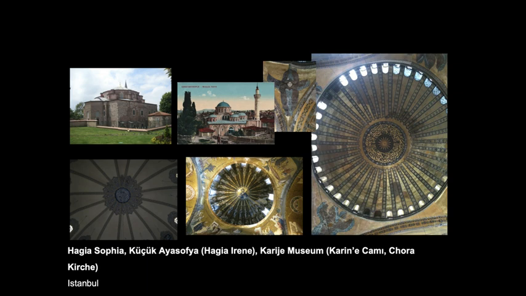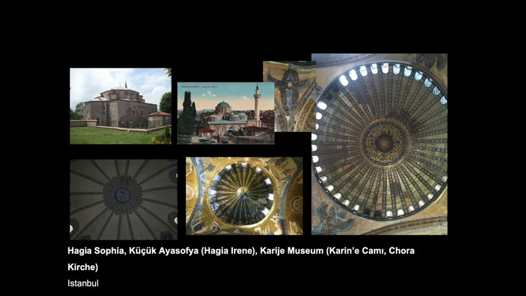Well, in Istanbul you can find a lot of old Byzantine churches which had been changed into mosques. Not only the Hagia Sophia, also the Küçük Hagia Sophia, which is now a mosque, and there was the Chora Church, which became the Kariye Camii. Later, also in the 20th century, it became a museum, and we have a picture of the big dome in the center down, and in the middle you can see an image of Jesus Christ.